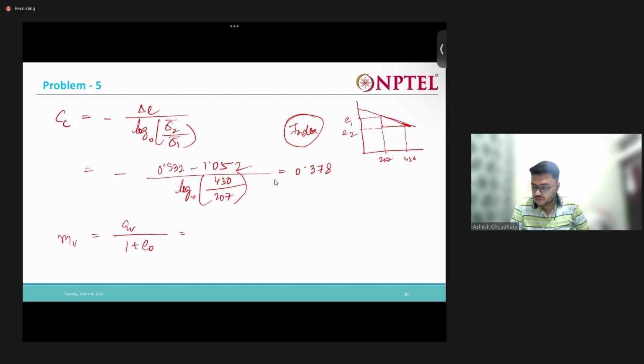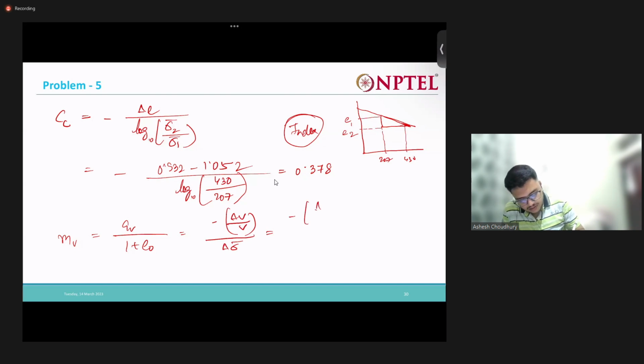This coefficient of volume change is defined as the ratio of unit volume change per unit change in effective stress. So it is defined like this: minus delta v by v per unit change in effective stress. So we can write this as this.